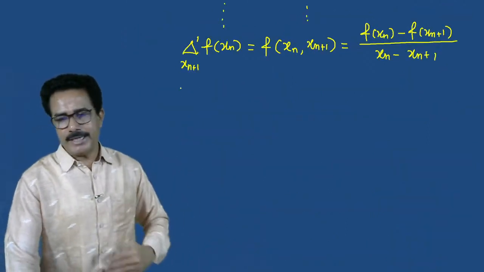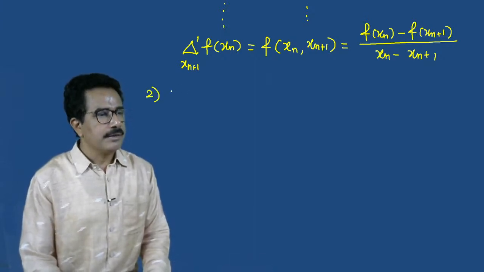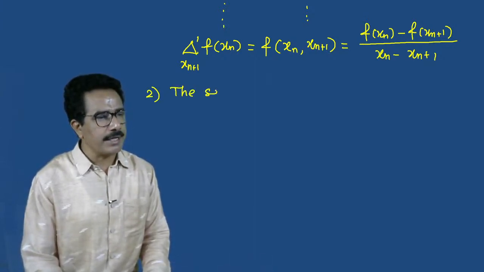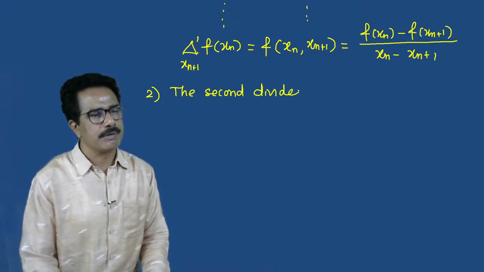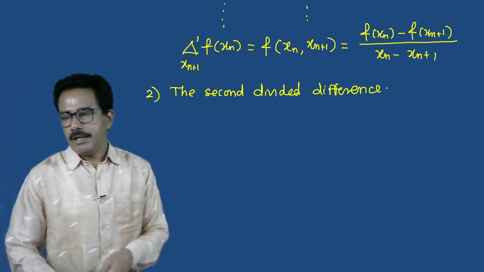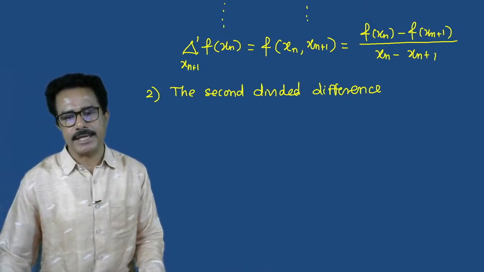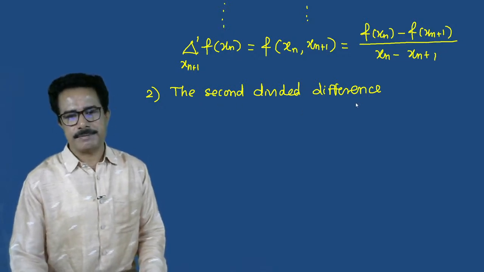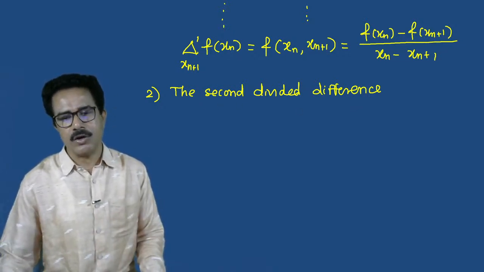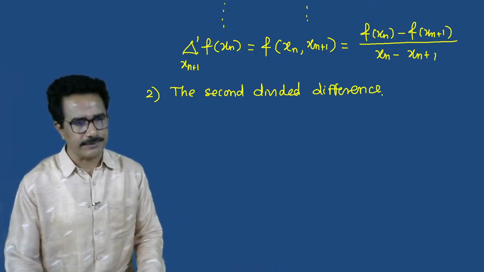Now let us see how we can take the second divided difference. Now also we have to find out the second divided difference. How we can get the second divided difference? The second divided difference means second order, second time, difference of first difference which gives the second difference.